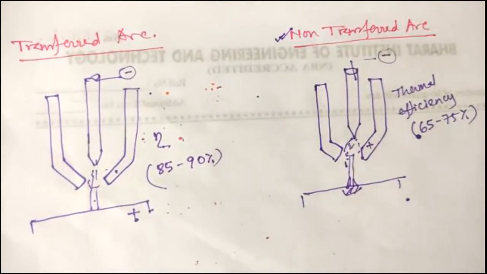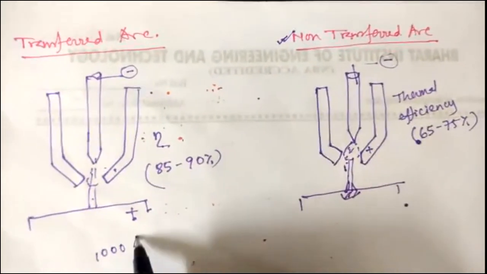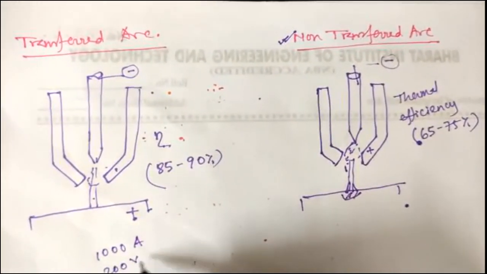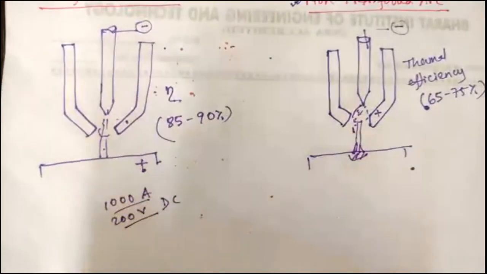And this plasma machining system can deliver up to 1000 ampere at about 200 volt DC. So I said 1000 ampere, 200 volt DC.